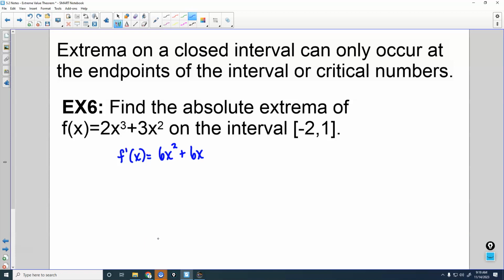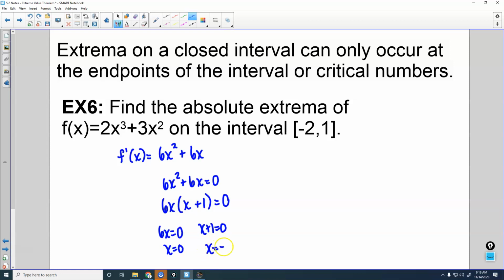Is this one ever going to be undefined? No, just 0 for this one. So we will say 6x squared plus 6x equals 0. So we could factor out an x or a 6x, whichever way you want to do it here. So 6x times x plus 1 equals 0. And so we'll say 6x equals 0, which just gives us x equals 0, and x plus 1 equals 0, which gives us x equals negative 1.